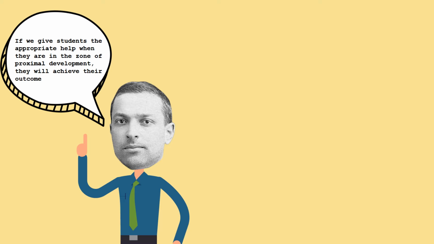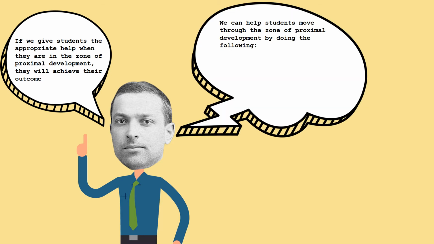Vygotsky believed that providing the appropriate assistance when a student is in the zone of proximal development will give the student enough of a boost to achieve the learning outcome. To assist a person to reach their zone of proximal development, online facilitators should focus on three important components which aid the learning process. Be knowledgeable about your field.